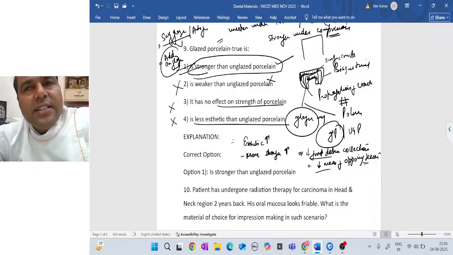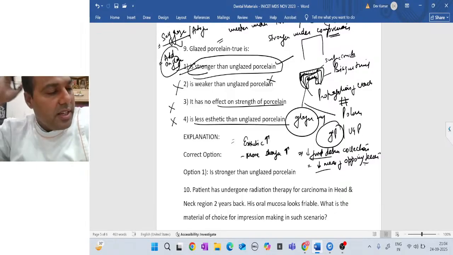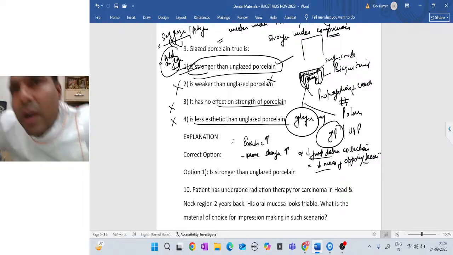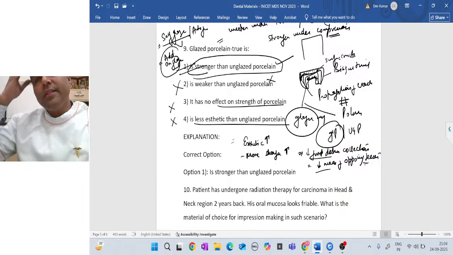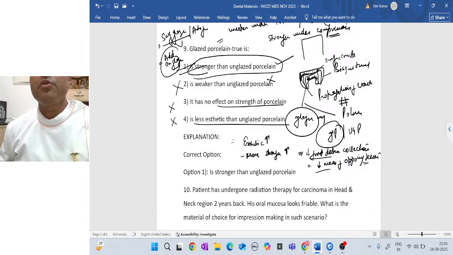Whenever we are glazing, देखो, whenever we are building up the porcelain, we want building of the porcelain, not glazing, remember this. When I am talking about the build up of the porcelain, I want the condensation to occur, I want the particles to come closer, I want the excess of water to go out, so that there are less or no porosities in my porcelain, and it becomes much more denser, much more stronger.